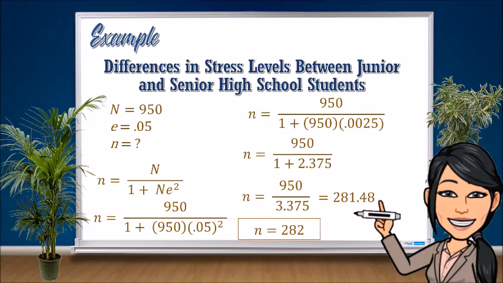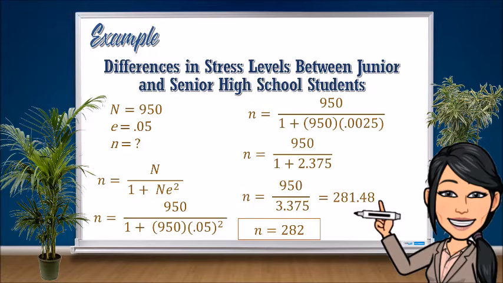This time, let us change the margin of error to 5% or 0.05. Using the same value for population, we will get a sample of 282. Remember that when we use 3% margin of error, the computed value of sample is 513, while a 5% margin of error gives 282.